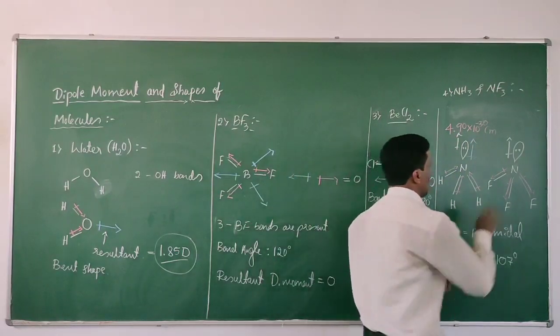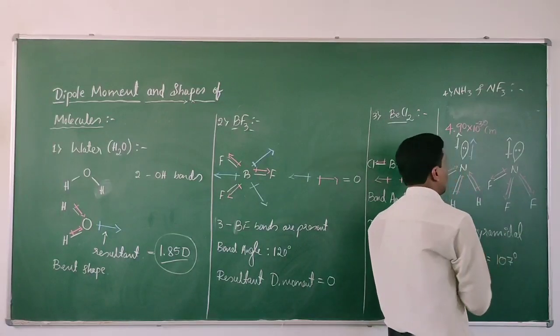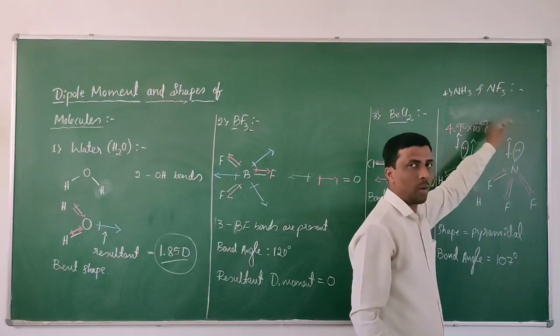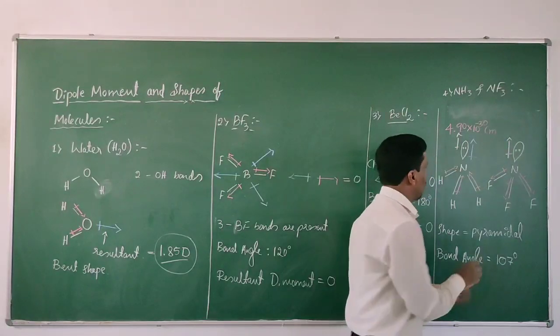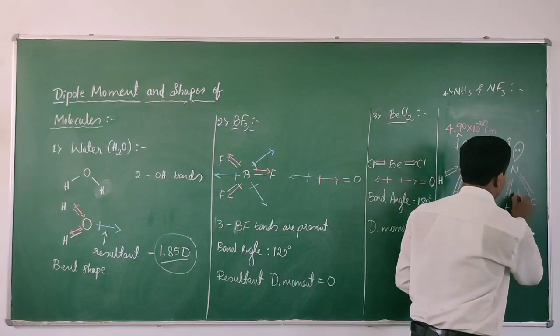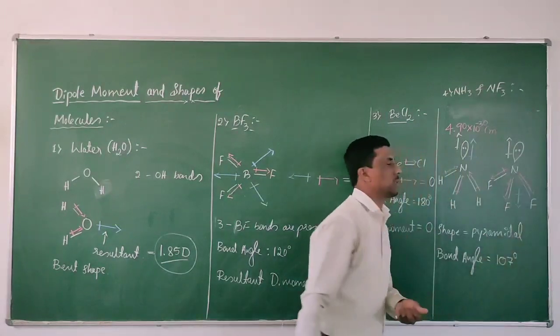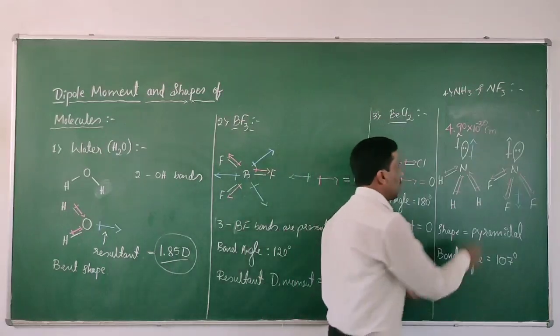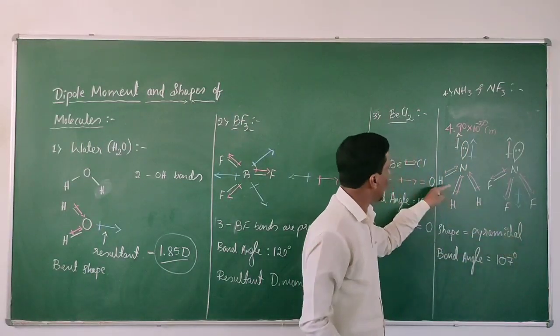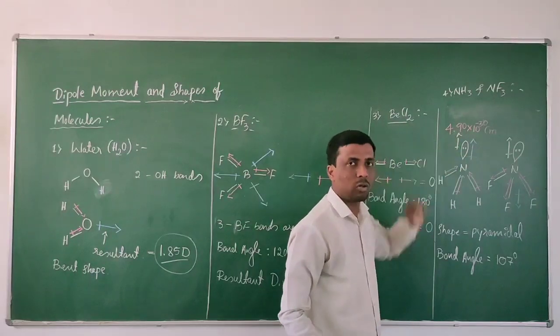Okay, now come to this point. The dipole moment of the lone pair is in this direction, in upward direction. But the resultant dipole moment of these three NF bonds is in fluorine direction.